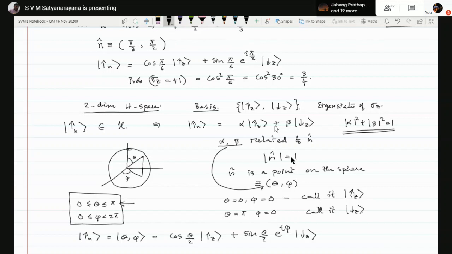Then the question asked is what will be that fraction. Fraction is basically probability. Probability that sigma z is equal to plus. So the remaining probability is 1 minus 3 by 4, which is 1 by 4. Very good.